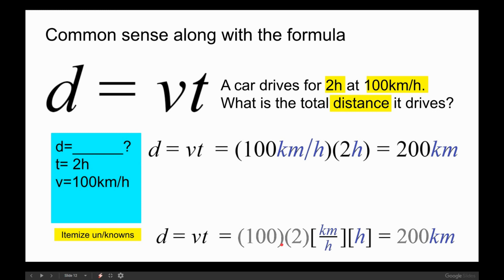What's the difference? Prefer you draw it this way. Why? Because here it's messier looking. When you look at it this way, you can see the H and the H are going to cancel. It makes it much easier to convince yourself that the units are correct.